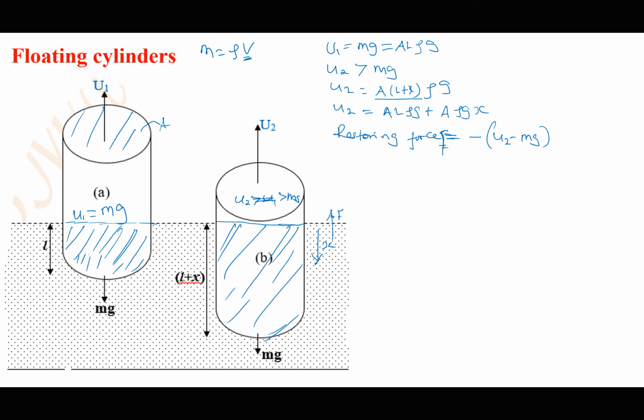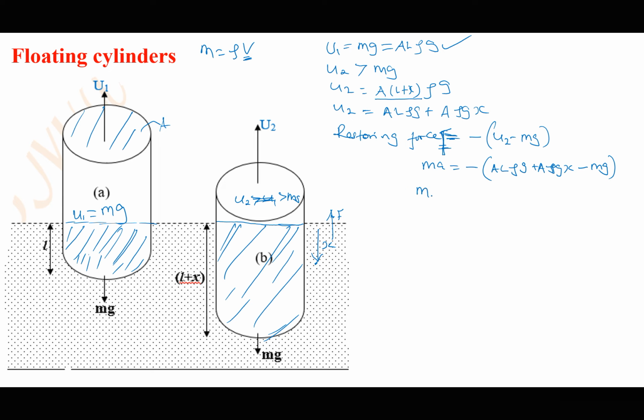But remember, the restoring force F is given by Newton's second law, so I will say ma is equal to the negative of the upthrust U2, which is A L rho g plus A rho g x. Then I will subtract mg. But remember from the first equation, upthrust U1 was equal to mg, which was A L rho g.